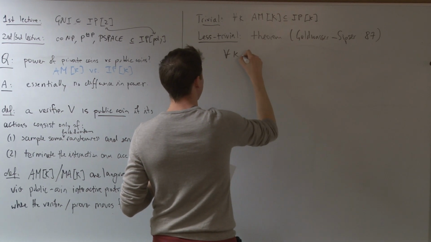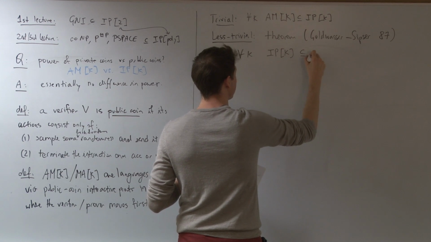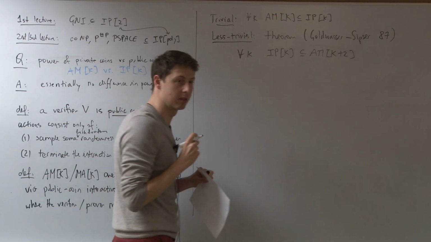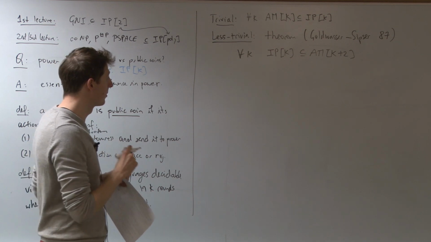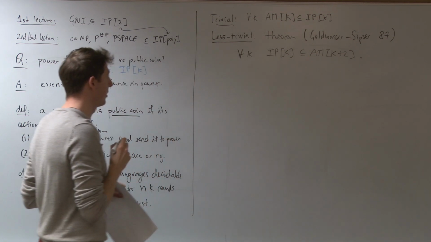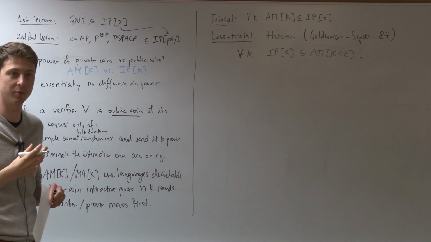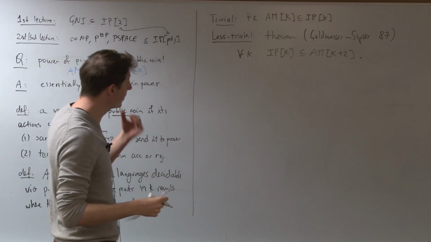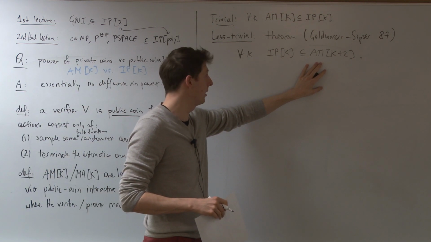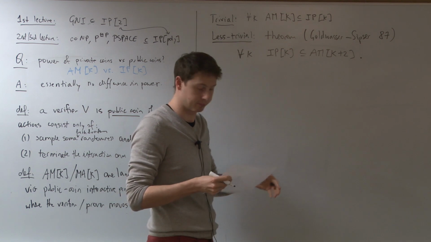It says that for every k, IP_k is contained in AM_{k+2}. So there's a constant, plus 2. You can start with any interactive proof, possibly using private coins in extremely smart ways, and there's a way to turn the entire protocol into a public coin protocol, where everything is public coin, and you have 2 extra rounds.